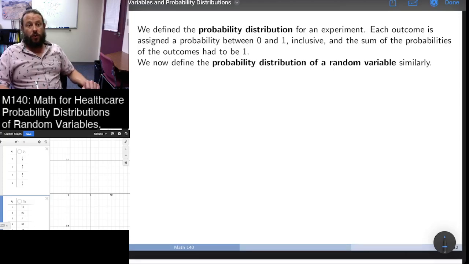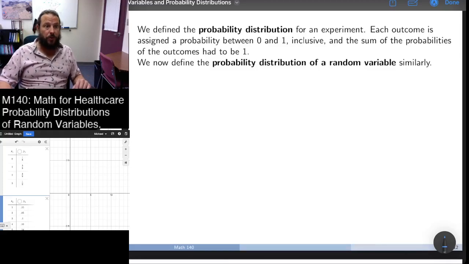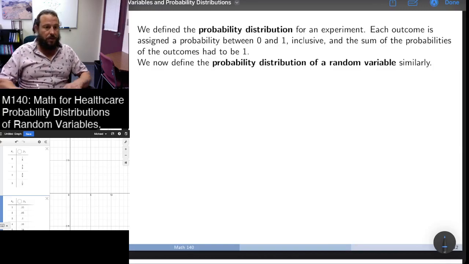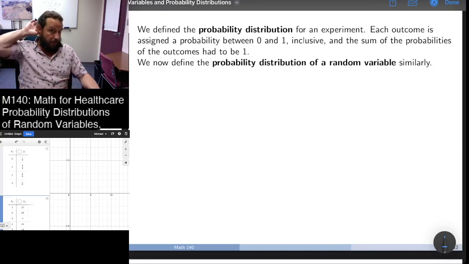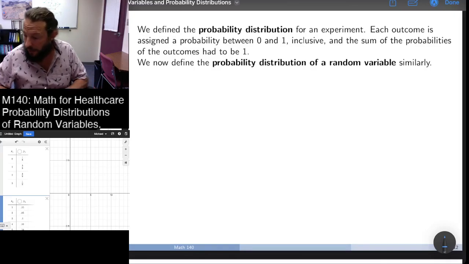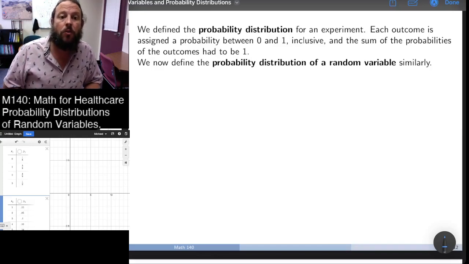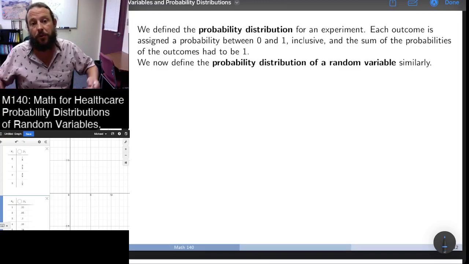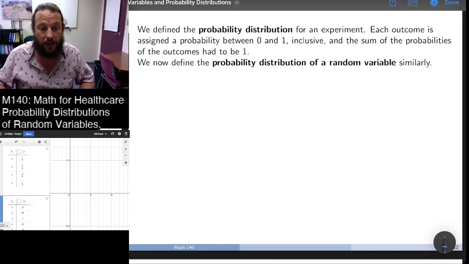So now we want to find the probability distribution of a random variable, which is somewhat, to say, the adult way to do this. This is how you're going to see it if you go on to statistics, and if you read any papers, it'll always be in this language here. All right, so what do we have to do? Well, it's really the same thing, except we're doing it for the different x values, all right?